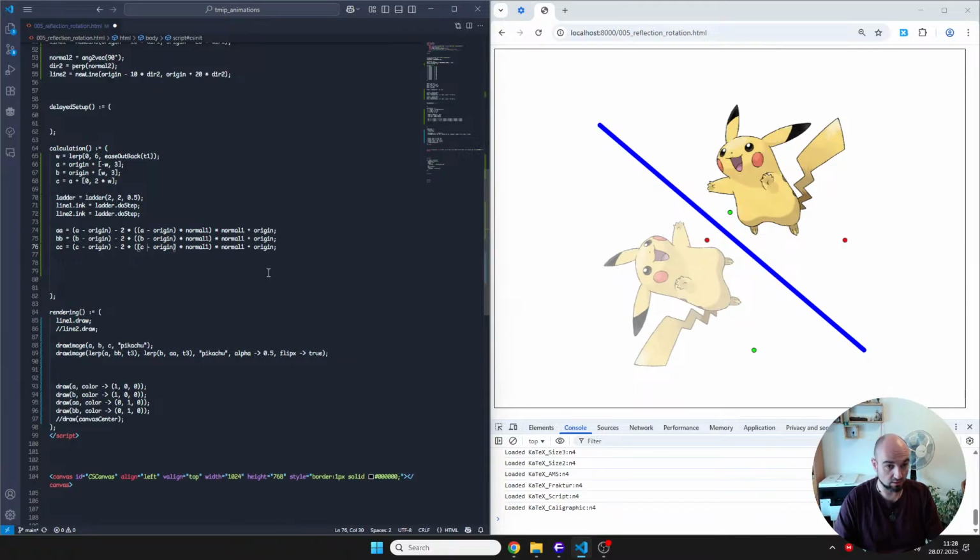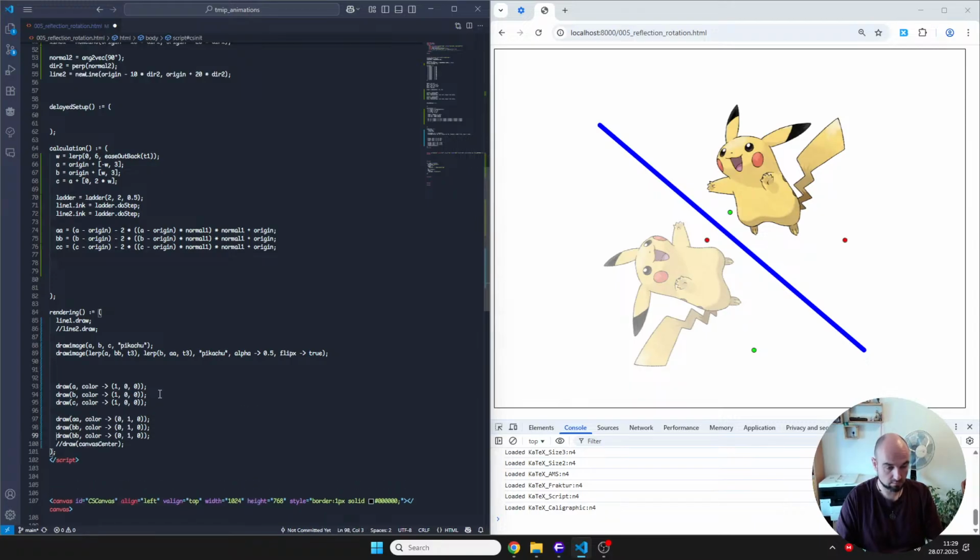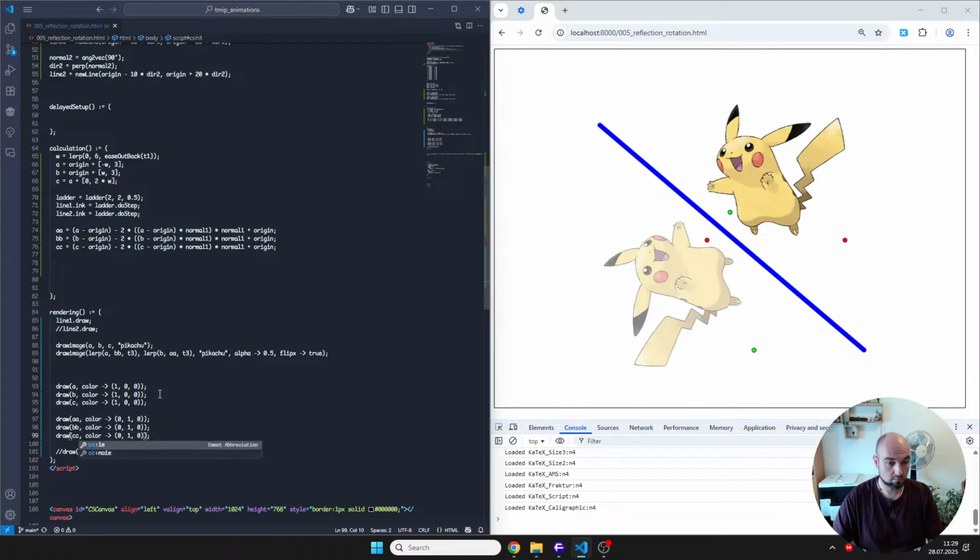I don't think this will help, but I'm just curious what will happen. So if we now, what happens if we draw this Pikachu?